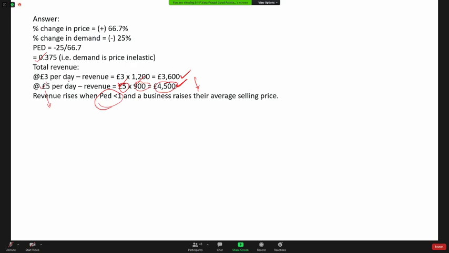But as you keep increasing your price, at some point your demand will come down and you will have to shut down your business.